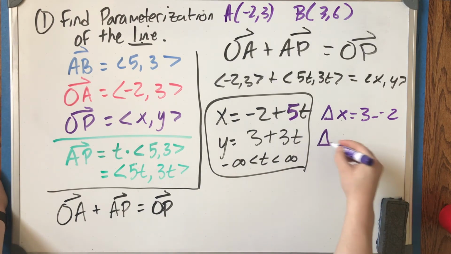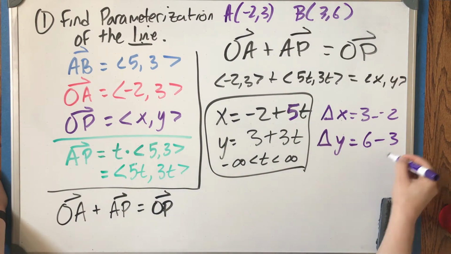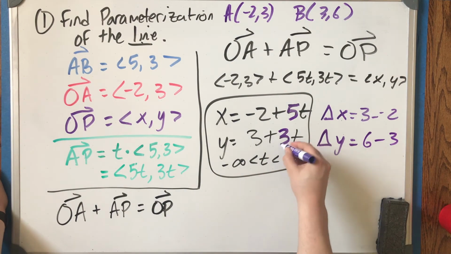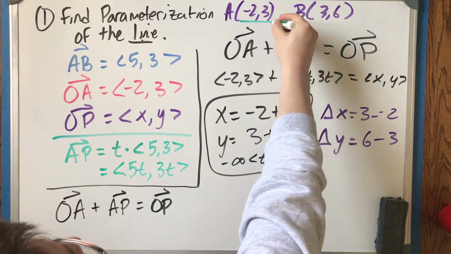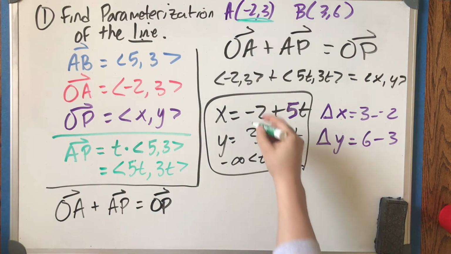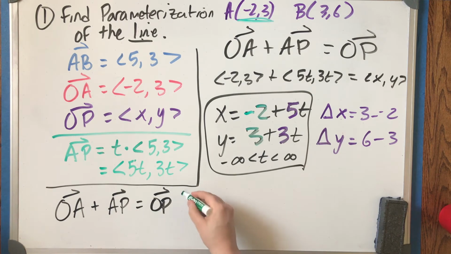And let's look at the change in the y values. It would be 6 minus 3, which is 3, so that's right there. And where did we actually start? We started at the point -2, 3, and here is -2 and 3.